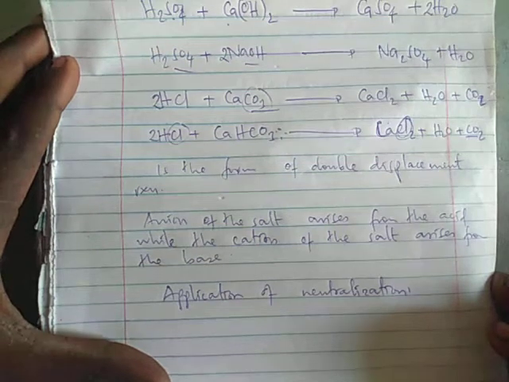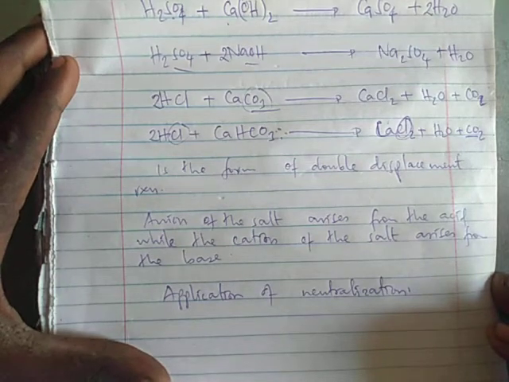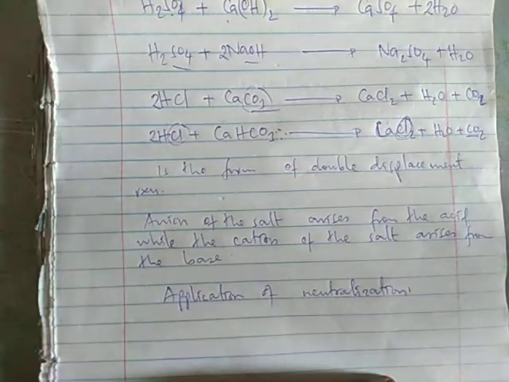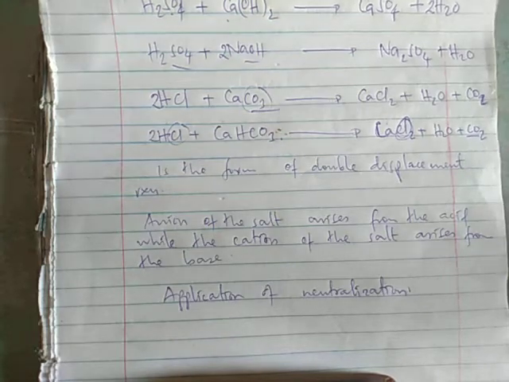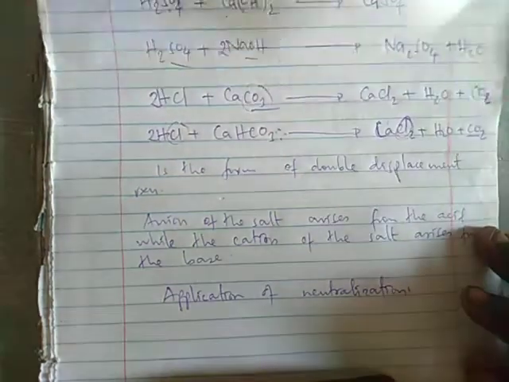To reduce this problem, air pollution devices are fitted in exhaust pipes and chimneys ili kuweza kuneutralize acidic compounds before reaching the atmosphere.